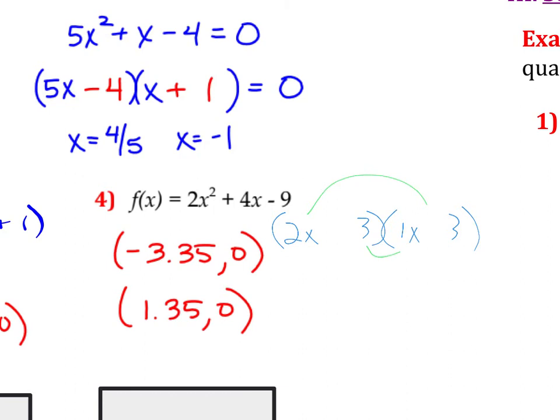There's no way I can combine a 6 and a 3 to get a 4 in the middle. So that would be out. And it would be pointless for me to switch those around because it's just 3 and 3. The only other thing I could do is maybe a 1 and a 9. So if I put a 9 here and a 1 here, that'll give me a 2x and a 9x. There's no way to get a 4x out of that. So that's out.